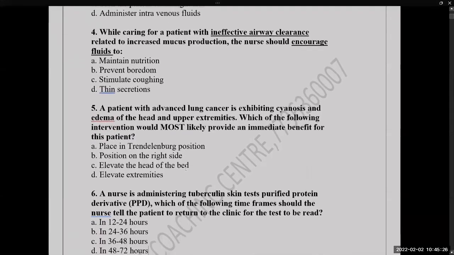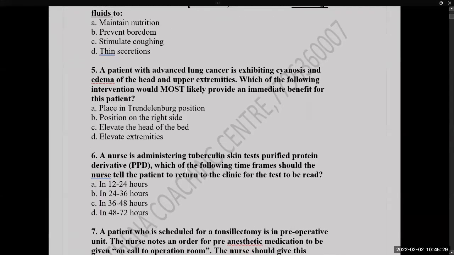Next, fifth question. The patient with advanced lung cancer is exhibiting cyanosis and edema of the head and upper extremities. Which of the following interventions would most likely provide an immediate benefit for this patient? Place in Trendelenburg position on the right side, elevate the head end of the bed, and elevate the extremities. There is edema over the head and upper extremities.